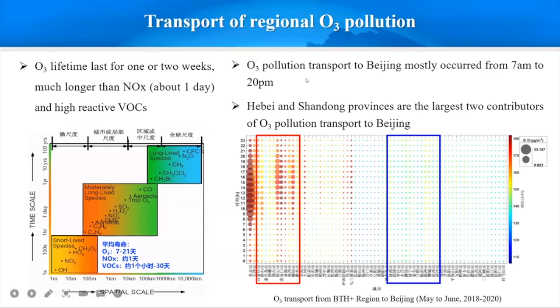And the ozone pollution transport to Beijing mostly occurs during the day, from 7 a.m. to 8 p.m. This shows from the modeling simulation. And also Hebei and Shandong province actually are the largest 2 contributors of the ozone pollution transport to Beijing.